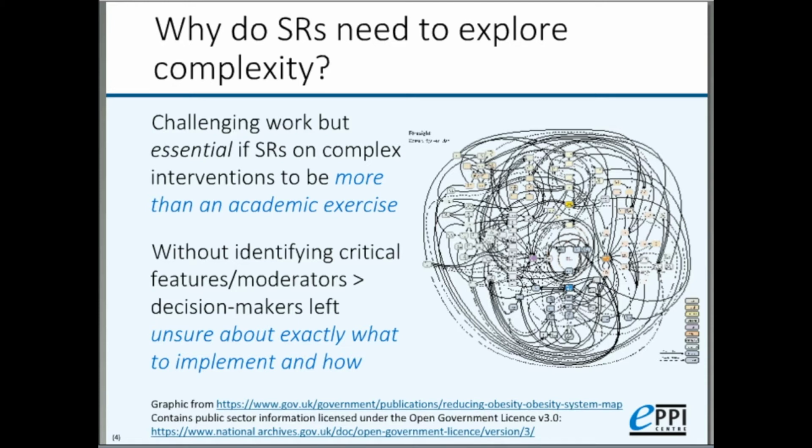But they also need to know how things work in order to know whether an intervention is suitable for their own locality. The type of evidence that we can generate through QCA can help illuminate to decision makers what the key components of an intervention are that can trigger a successful outcome.